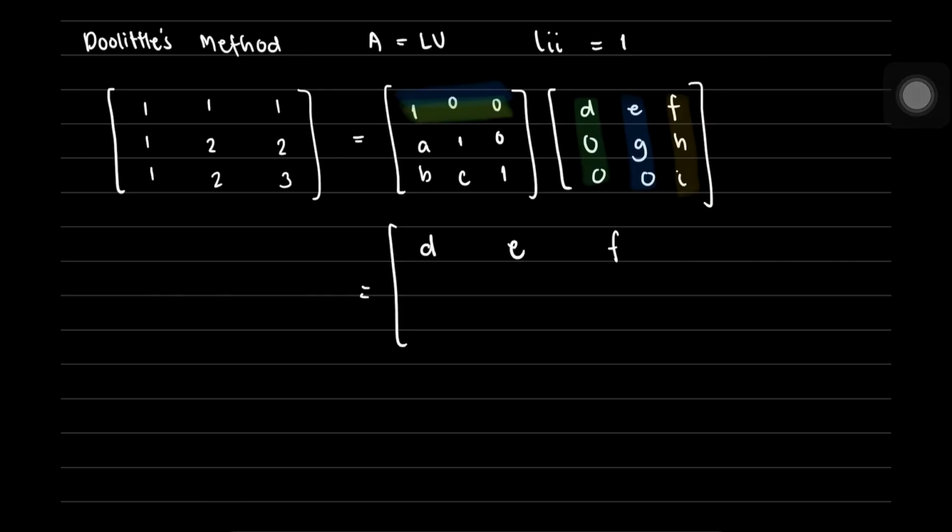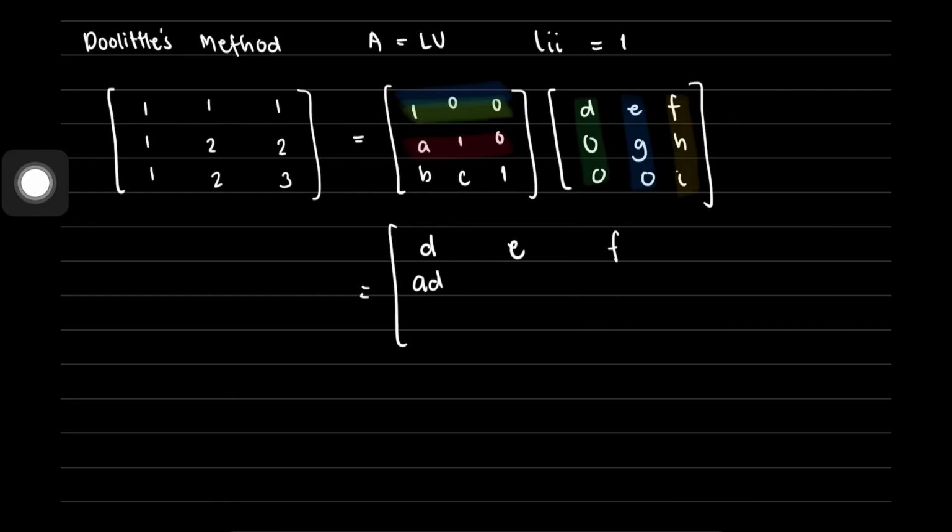For the element of the second row, first column, we multiply the second row and the first column of the upper triangular matrix. So that would be A times D, plus 1 times 0, right? So that's equal to 0, and 0 times 0 is basically equal to 0 as well.